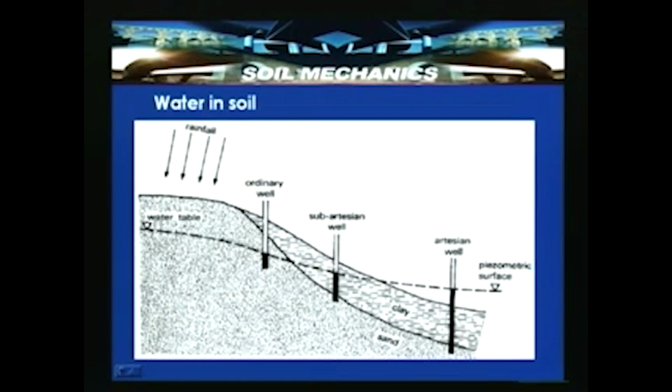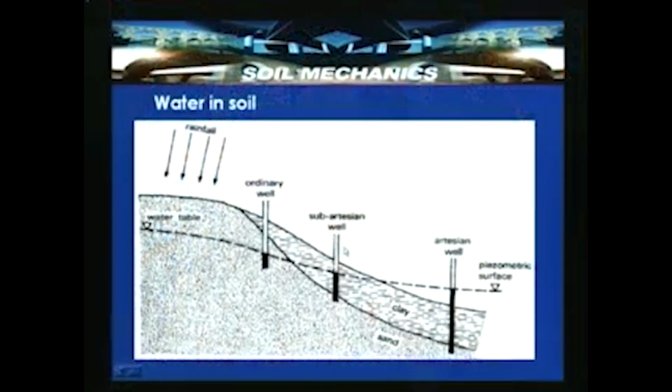Now, for example, if this particular portion of sandy soil is receiving water under pressure because of some source of water, either some river or lake, then it can be said to be under artesian conditions. If a well is driven into this strata, it is called an artesian well, and this portion of the soil will have additional pressure over the conventional water table pressure, because it has an extra source of water which exerts that additional pressure.